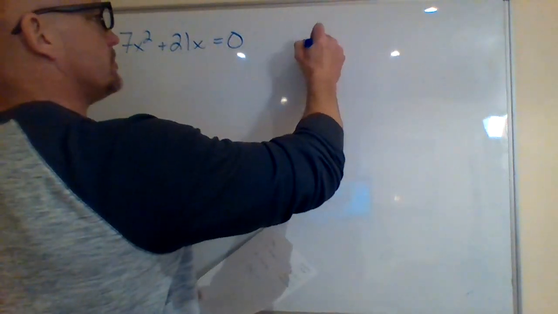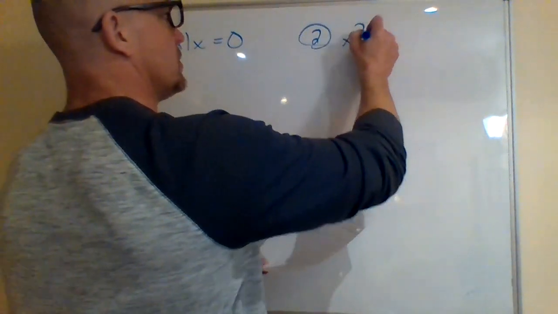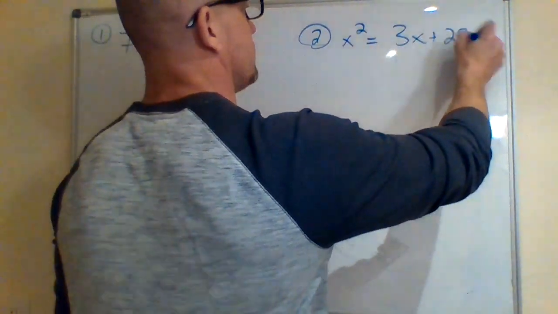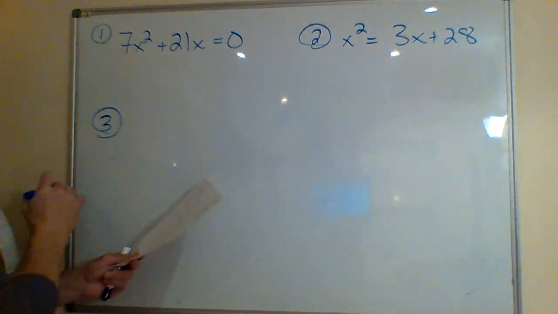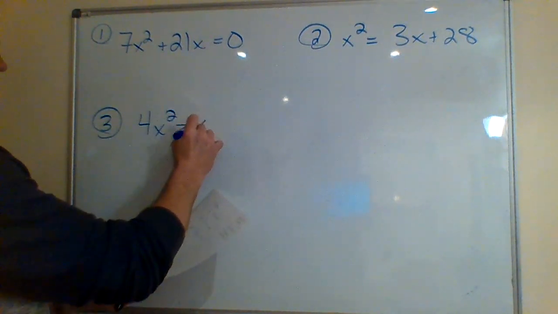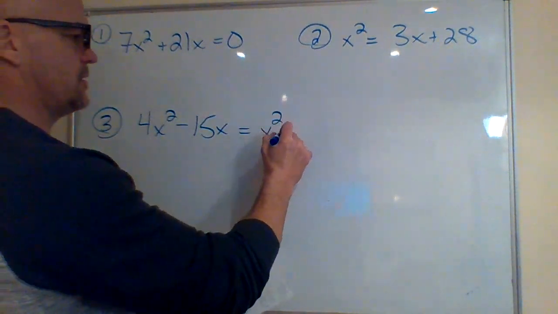Number 2, I've got x squared equals 3x plus 28. And my last one, 4x squared minus 15x equals x squared minus 12.